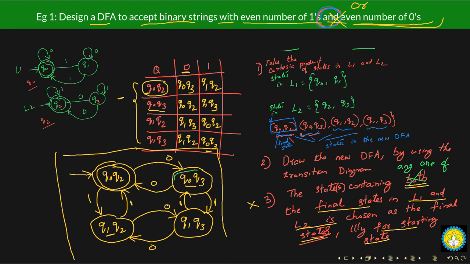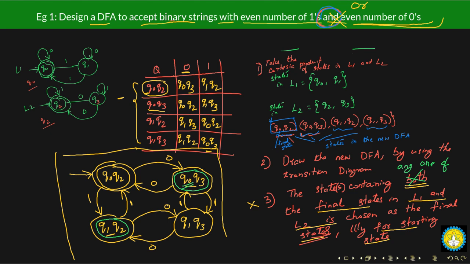It's very important to note that Q0, Q3 also becomes a final state because Q0 is a final state in L1. Similarly, Q1, Q2 also becomes a final state because that contains Q2, and Q2 is the final state in L2. Now Q1, Q3 will remain a non-final state because it doesn't contain any final states at all.